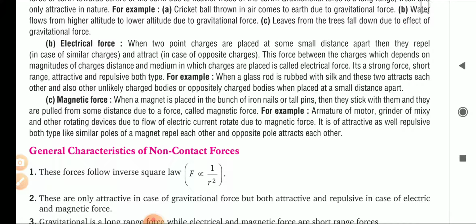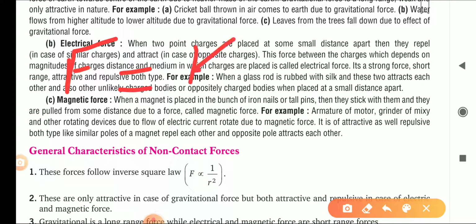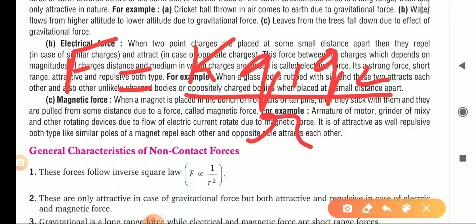The proportionality sign we will remove by keeping one constant. So we will get one equation, that is F equals K Q1 Q2 upon R square. Like this equation we will get, F equals K Q1 Q2 upon R square.